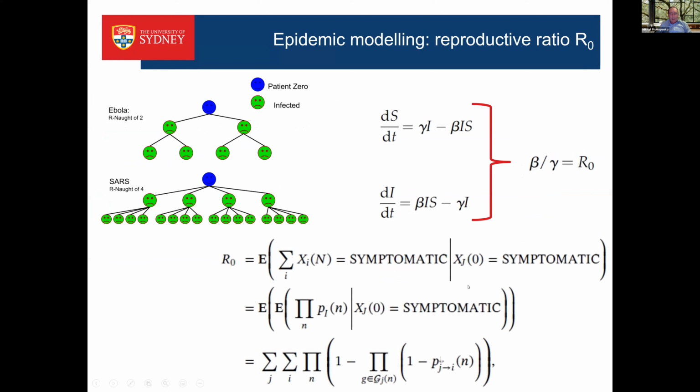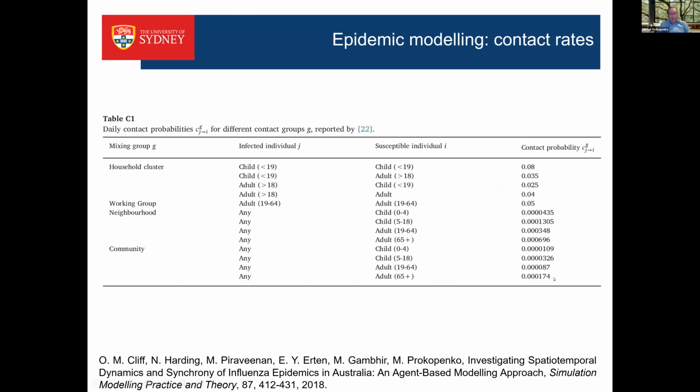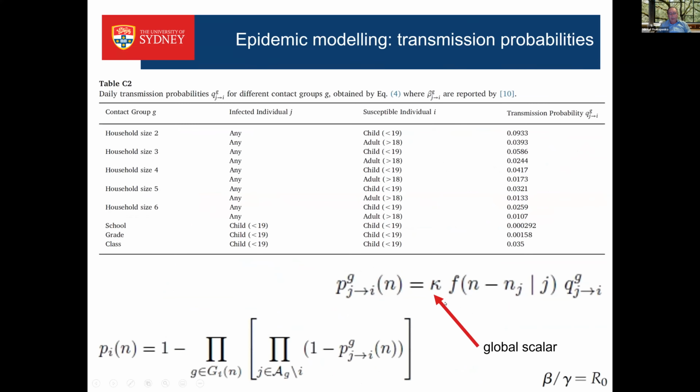What happens here is it's a scary formula, but it's not scary at all. It's back to this discussion of reproductive ratio R naught and reproductive number. When you get an agent-based model, how do you get your reproductive number given kappa? Because kappa is something that we calibrate, if you remember.